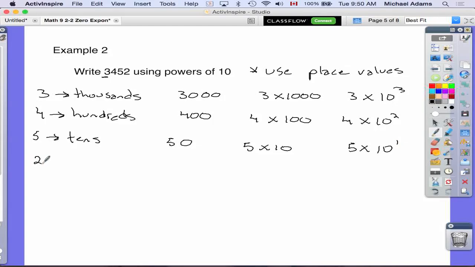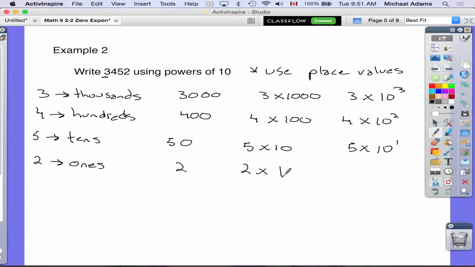2. 2 is in what place value? Ones. So 2 ones looks like what? Just 2. Right. So now, how could we write it like this? We can just say 2 times 1.